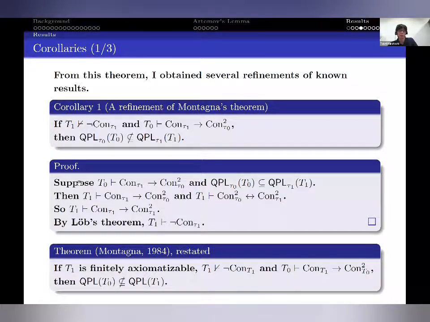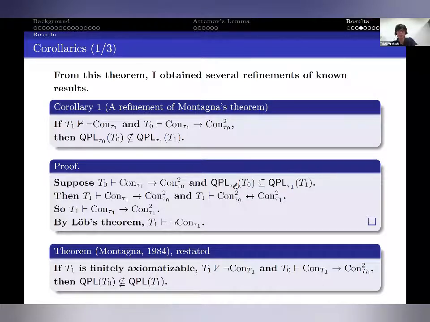This is a proof. Suppose T0 proves this sentence and the inclusion holds. And I would like to conclude T1 proves the negation of con tau 1. From this supposition, we have T1 proves this sentence by this proposition of Visser and de Jonge.